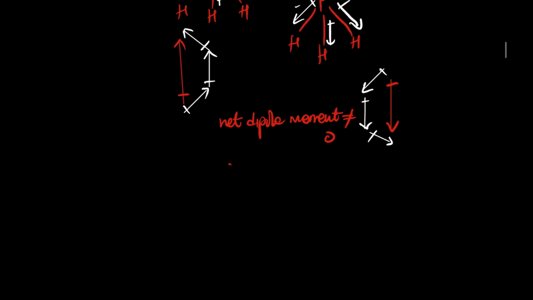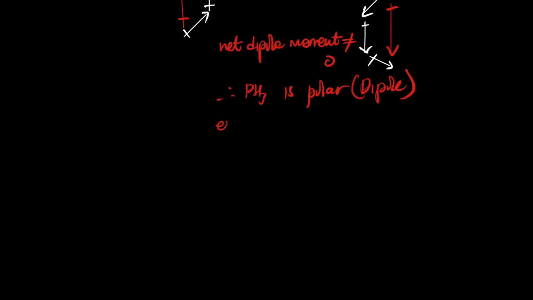Therefore, phosphine is polar. That means it's a dipole, right? It means there's an uneven distribution of charge.